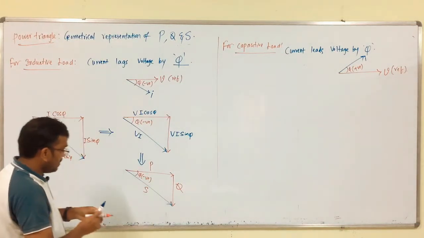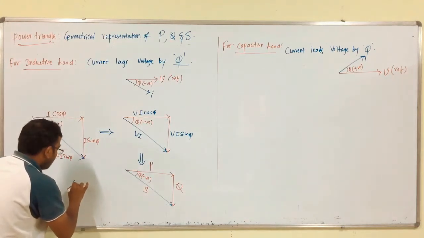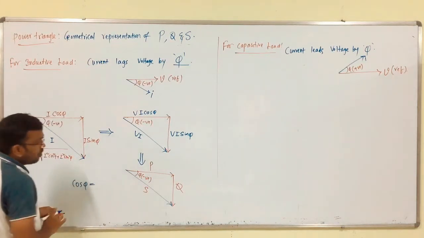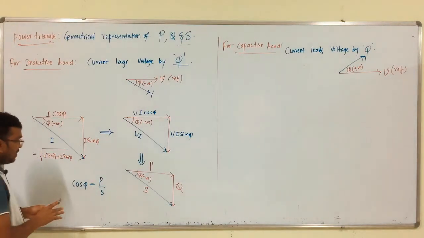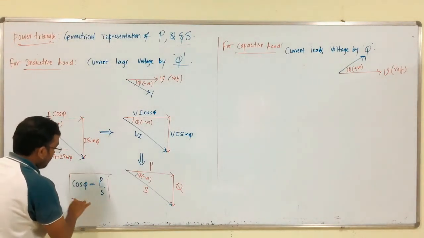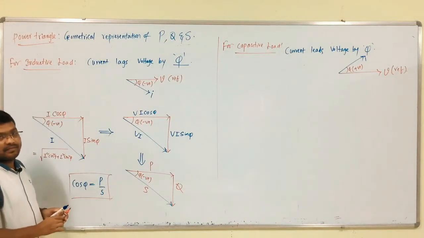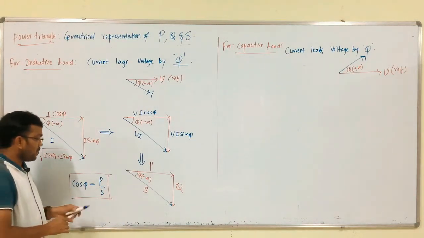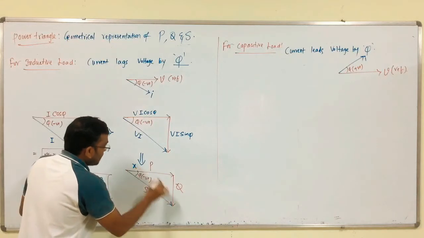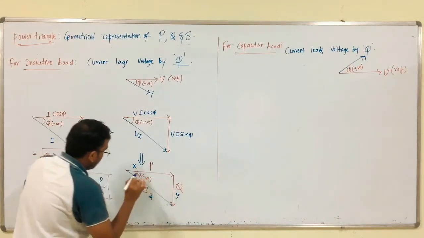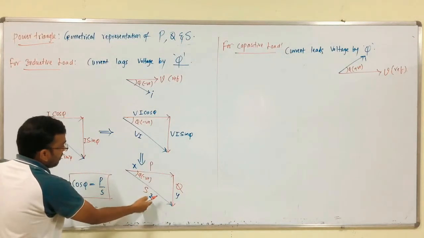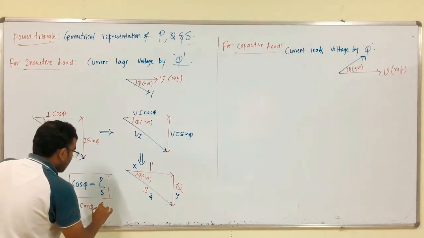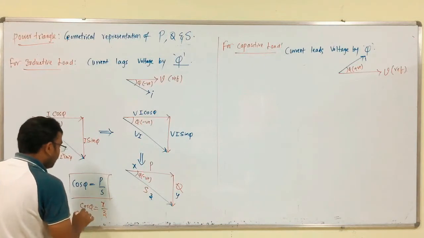Okay. From this, what is the power factor? Cos phi, which is equal to P by S, right. For example, if this is x, this is y, this is z, then cos phi is P by S, that is x by z.